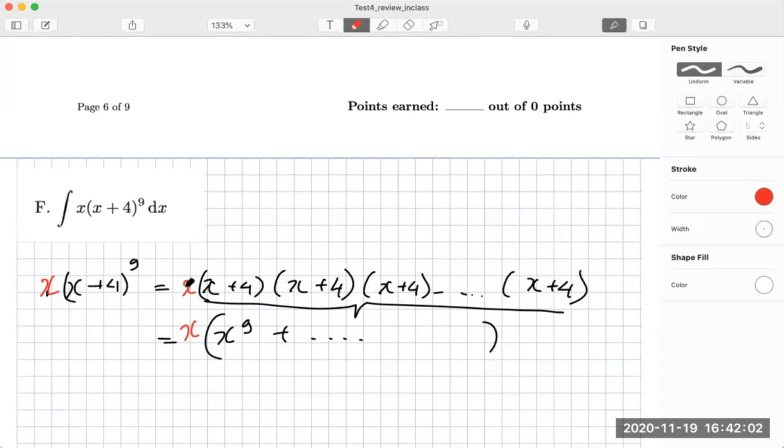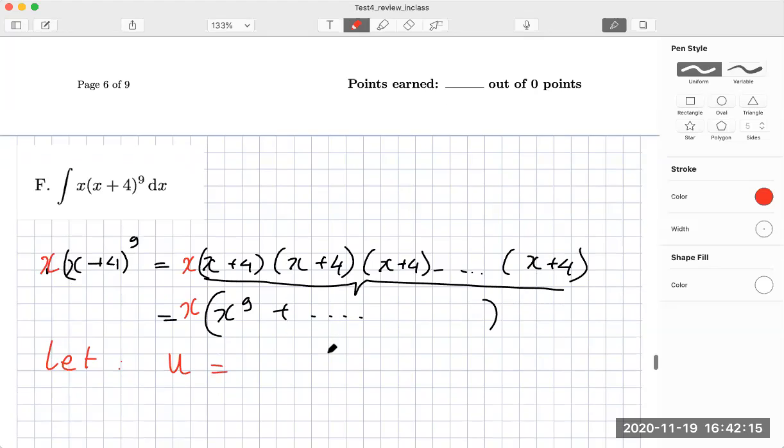Now, I'm looking for your suggestion. If we let u be a function of x, what do you think we should replace? Perfect.